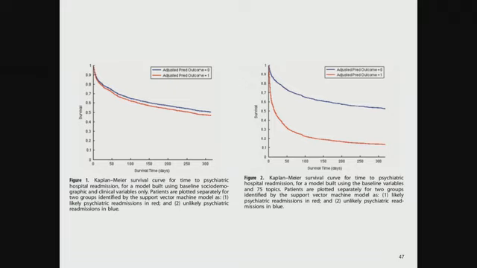Whereas if you use a model that predicts based on the baseline and the 75 topics that we identified, you get a much bigger separation.